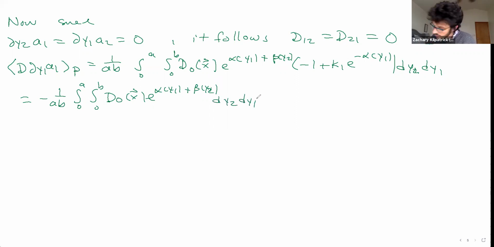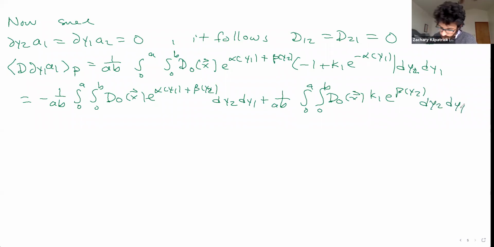dy1 plus 1 over ab, integral from 0 to a, integral from 0 to b, d0 of x kappa 1 e to the beta of y2 dy2 dy1.